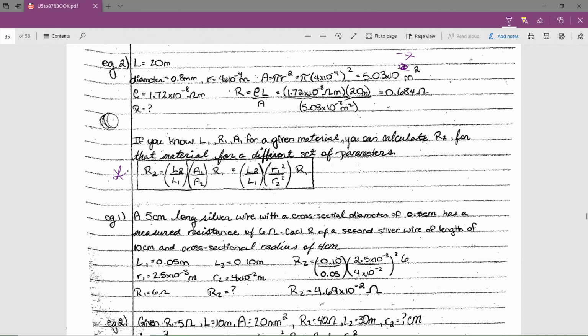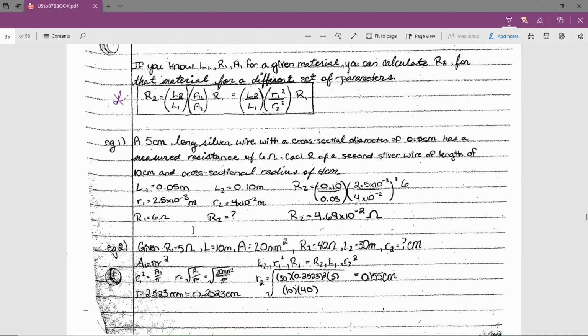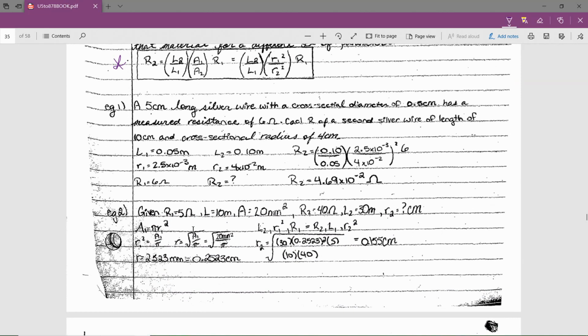We've got a 5 centimeter long silver wire that has a cross-sectional diameter of 0.5 centimeters and a measured resistance of 6 ohms. Calculate the resistance of a second silver wire, but this time the length is 10 centimeters and the cross-sectional radius is 4 centimeters.